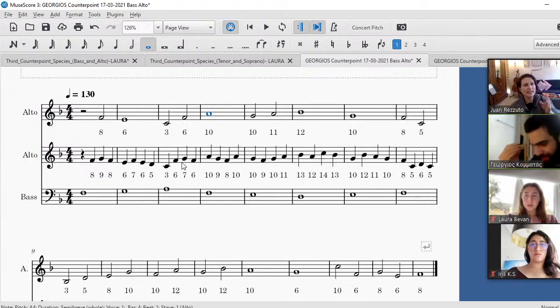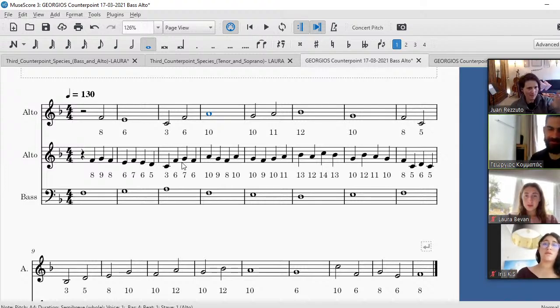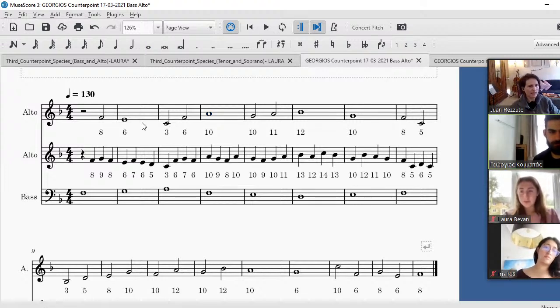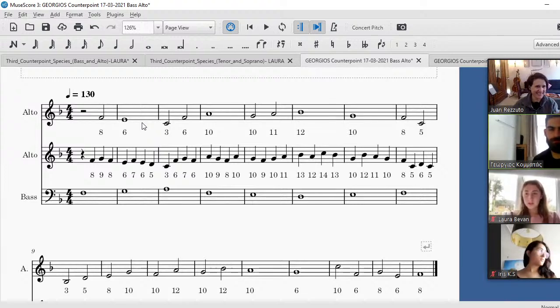Exactly. That's why I didn't tell anyone. I said, look, do the exercise with the new rules. When you go back, you start to see, oh wait, melodically, I don't think that it's working. That was the whole point.